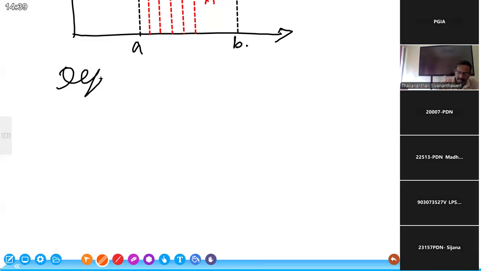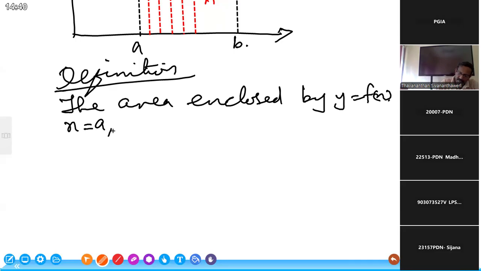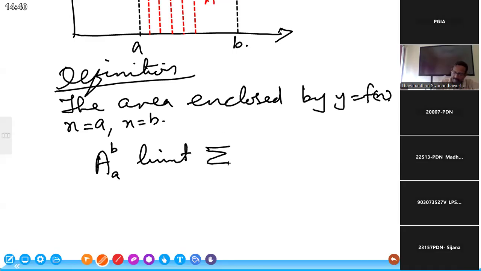Now, the definition. The area enclosed by a given function, let's say y is equal to f(x), where the x value ranges from a to b, is given as the limit of the sum of that function, where we bring them into different rectangles.